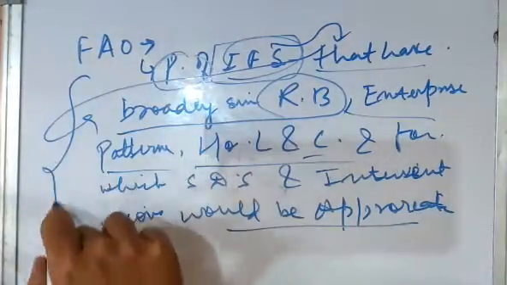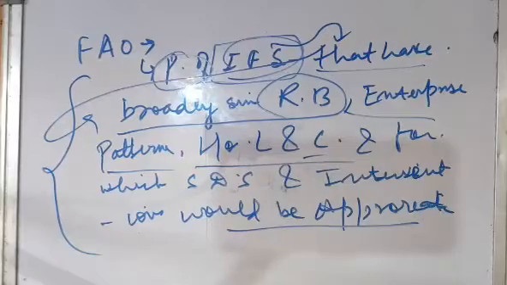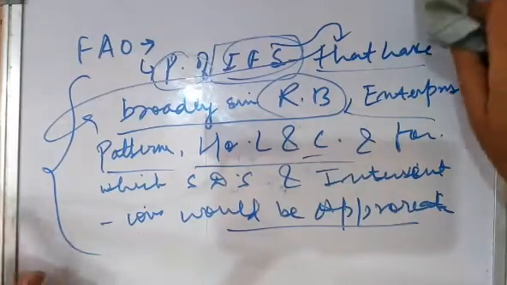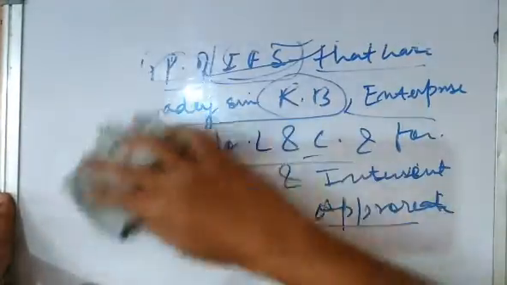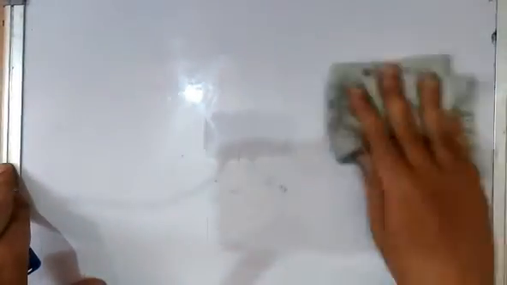For their constraints we can use similar types of measures. I hope you all get that. So that is how a farming system works as per FAO.